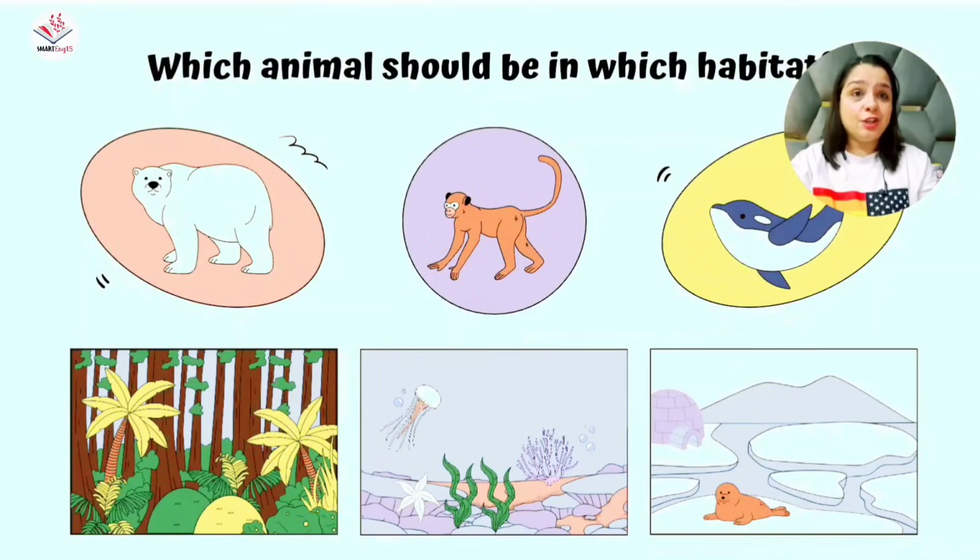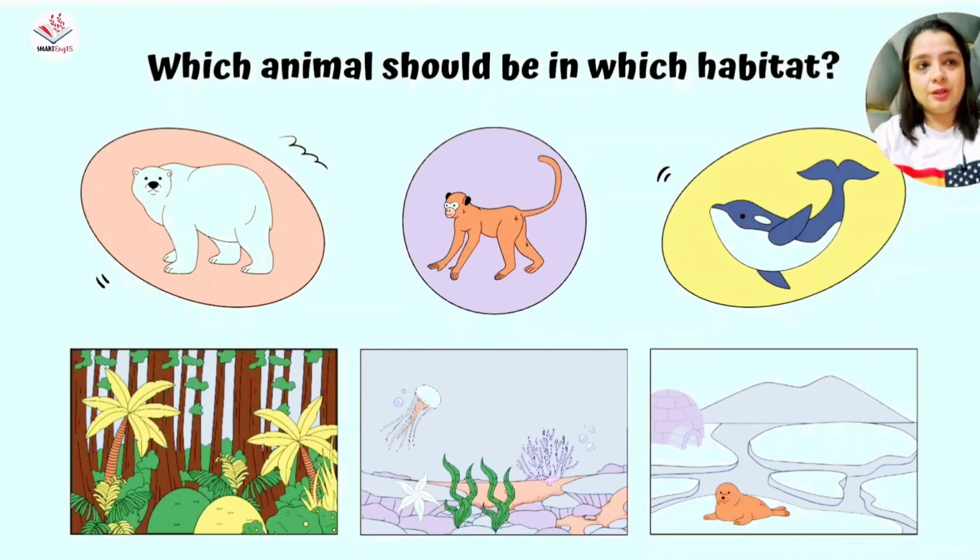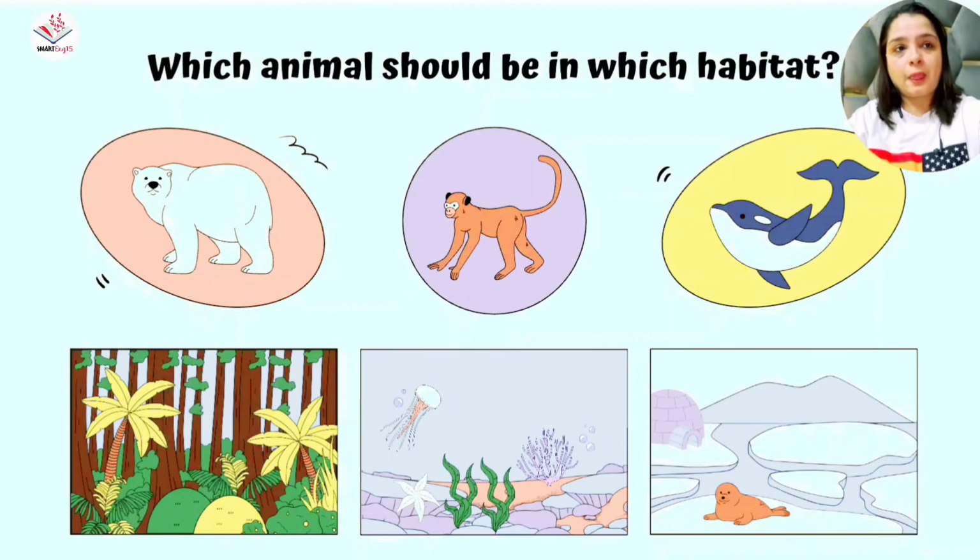There's an activity for you. Which animal do you think should be in which habitat? The first one is a polar bear, a monkey, and a blue whale. So what do you think? There are 3 habitats, and by the way, a habitat is a place where animals live.